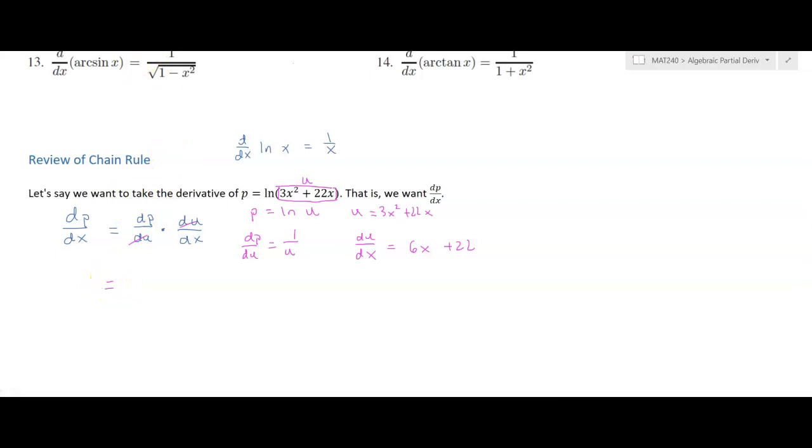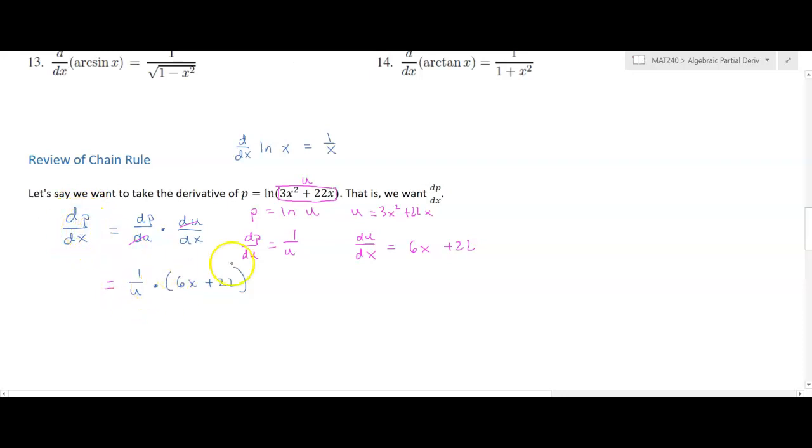So we will write dp du, which is 1 over u, multiplied by du dx, which is the quantity 6x plus 22. Now I really wanted the derivative of p with respect to x.